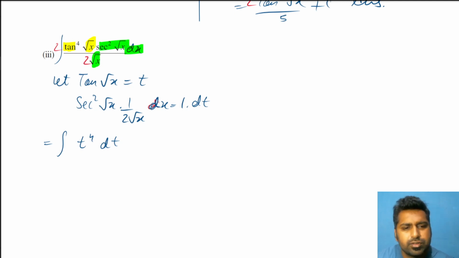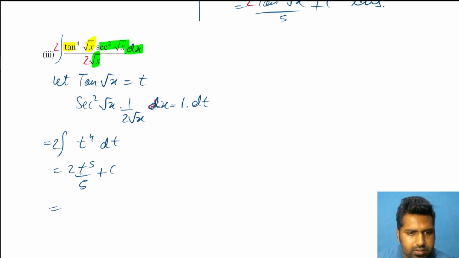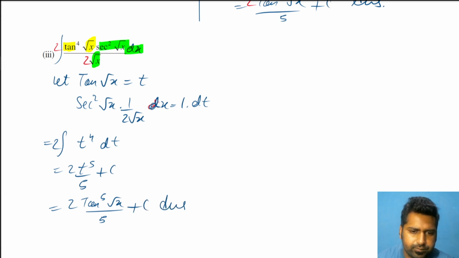So what is the integration of t raised to power 4? You will say t raised to power 5 on 5 plus c. 2 was outside. So what is t as such? T is tan root x, so the answer is 2 tan raised to power 5 root x upon 5 plus c. Of course you will like this approach, but you have to get the correct idea of what needs to be substituted.